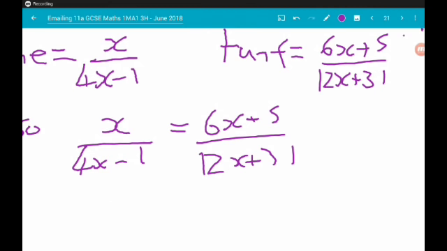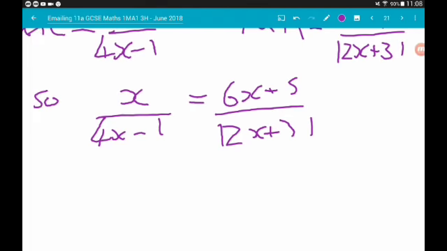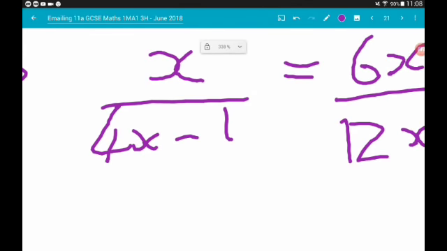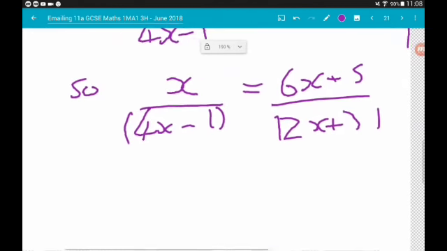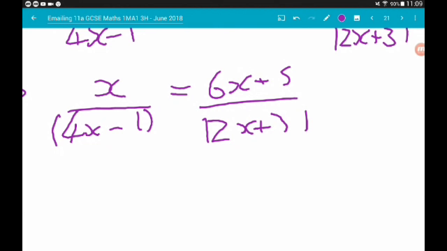Okay, so the first thing we need to do is get rid of the fractions. So let's start by moving 4x minus 1. So to do that, we multiply both sides by 4x minus 1.